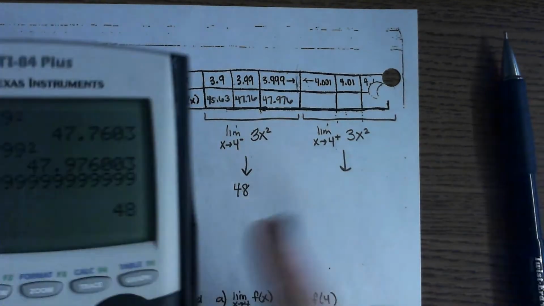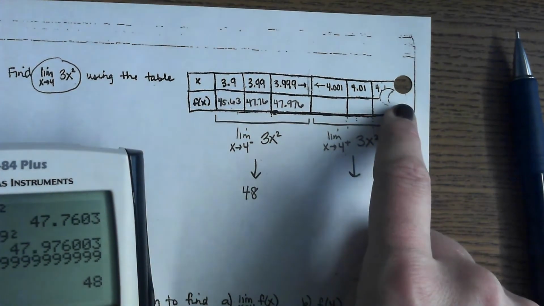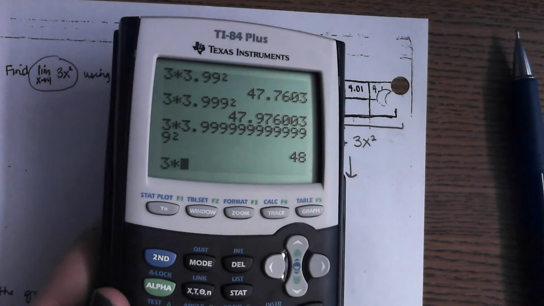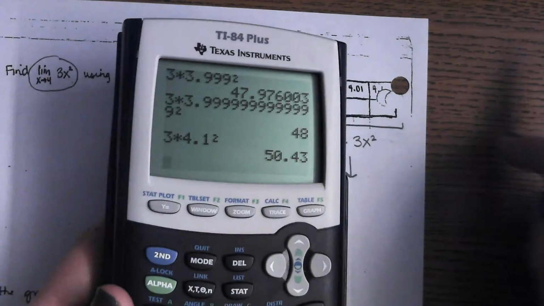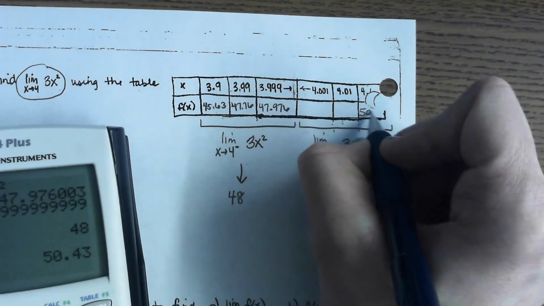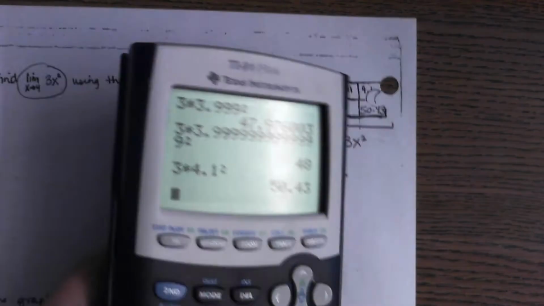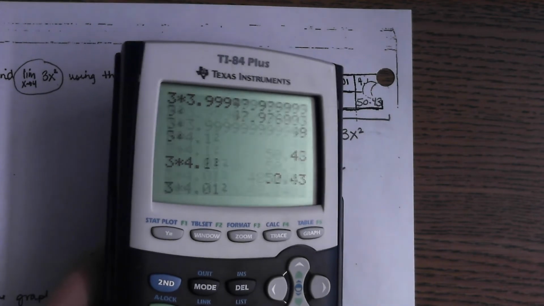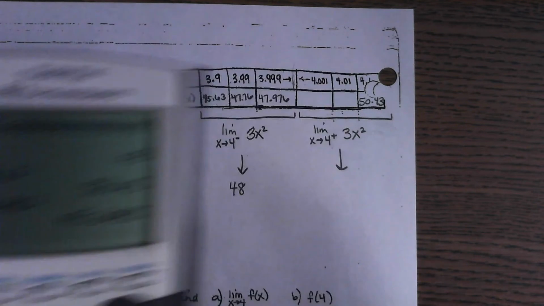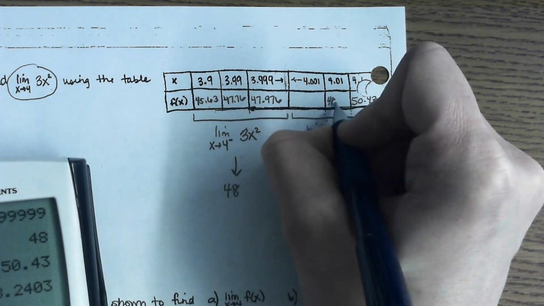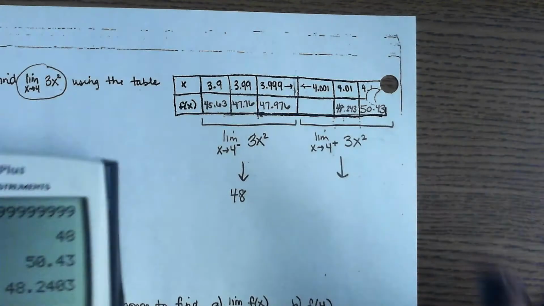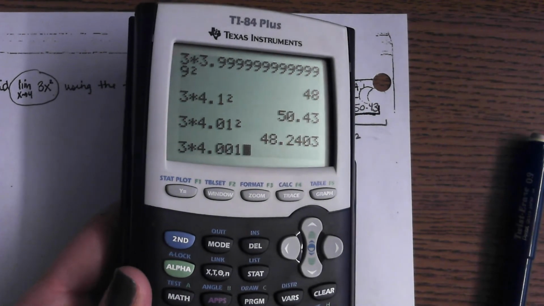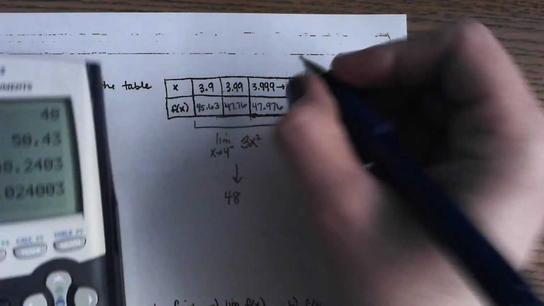And then if I plug in, starting with 4.1 and working my way closer to 4 from the right, 3 times 4.1 squared is 50.43. 3 times 4.01 squared, 48.243. And then 3 times 4.001 squared, 48.024.